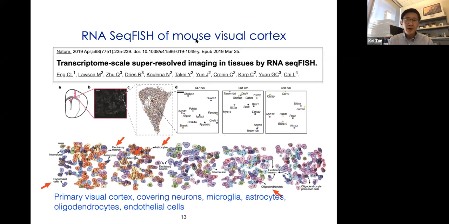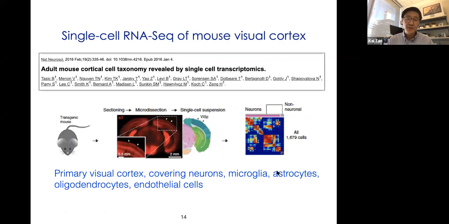So this is on mouse visual cortex. It covers a number of cell types such as neuron, microglia, endothelium cell, and so on, as you can see here. We chose this data set because there is a matched, same tissue, single-cell RNA-seq data as shown here. Okay.